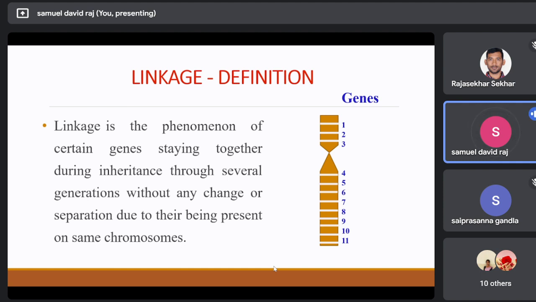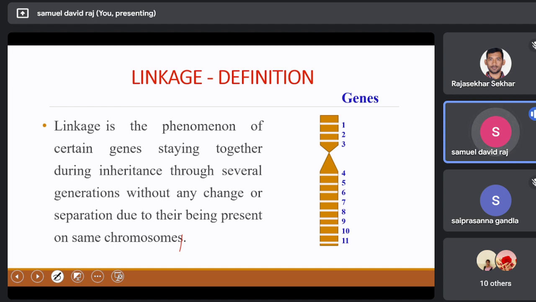So today's topic is linkage. What is linkage? Linkage is the phenomenon of certain genes staying together during inheritance through several generations without any change or separation due to their being present on the same chromosome.